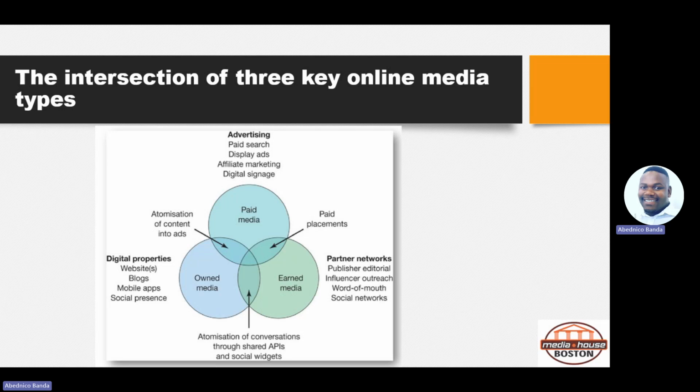Some people don't know about you, and there's nothing that they can talk about you because they don't know much about you. It's the same thing with cars. You've got these new brands that are coming. They cannot use earned media to spread the reach.